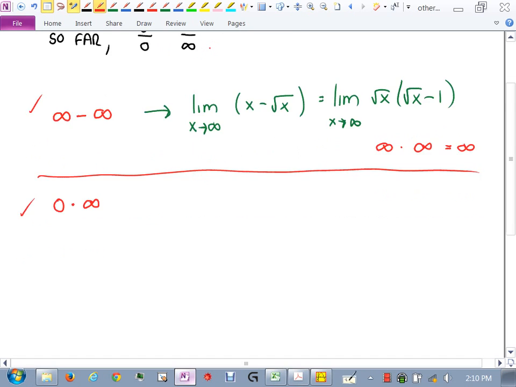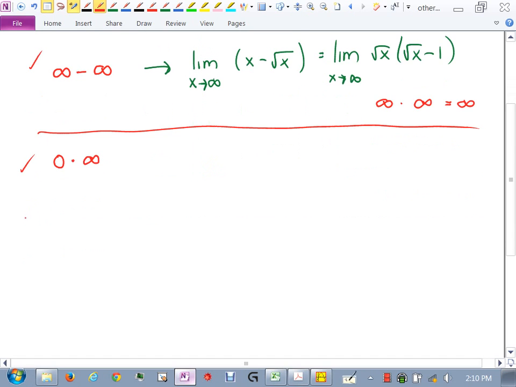How about this? Do you want an example of that one? Sure, okay. An example of that one would be limit as x goes to 0 from the right of x ln x. That's a good one. I like that one.